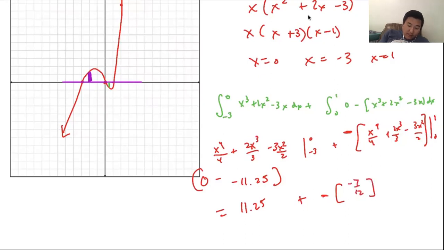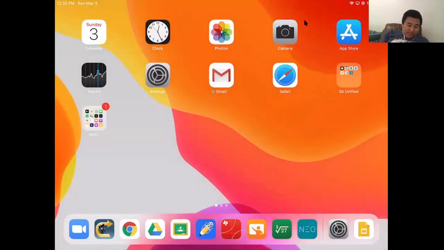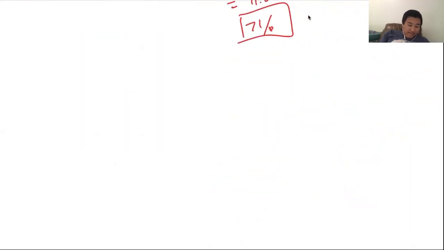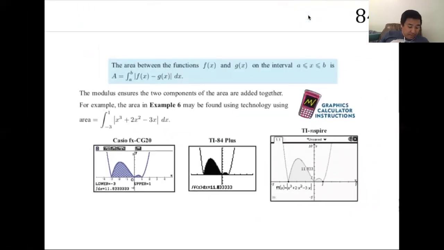So you add those two together. 45 divided by 4 plus 7 divided by 12 is 71 over 6. Pretty gross. So you can do this using the integral, but you just have to do separate intervals.